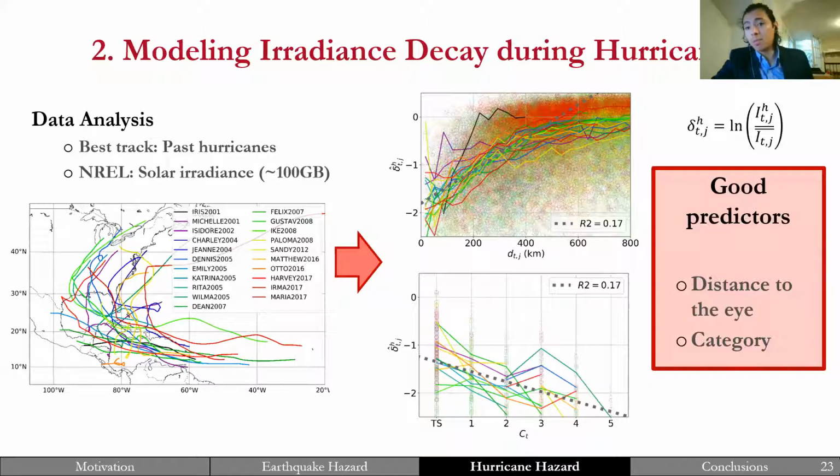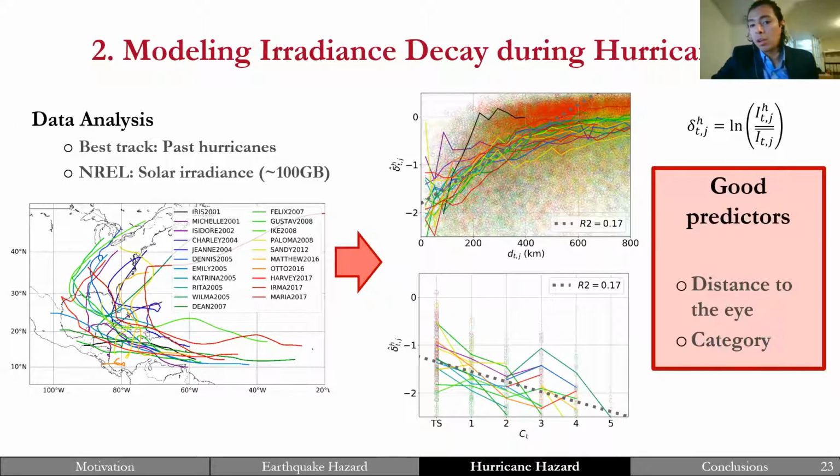And D is just the distance from the site of the recording to the eye of the hurricane. And if you move away from the eye, you recover back to normal conditions, and that means that this delta here gets close to 0.